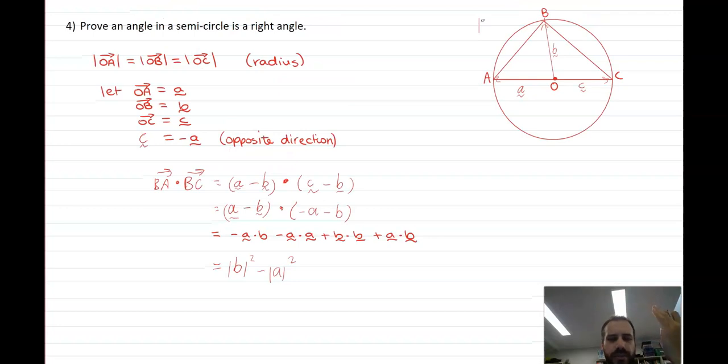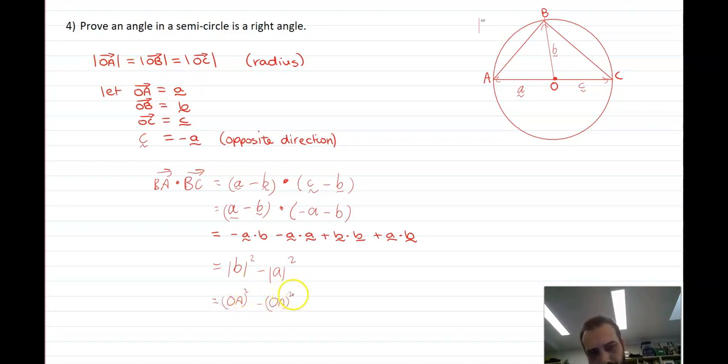So what do we know about the magnitude of B and the magnitude of A? B is this thing here, A is this thing here. Their magnitudes are equal, right? So we can say they've both got magnitudes of OA. So OA squared minus OA squared. What's that going to equal? Well, that's going to equal 0, right? Same magnitude squared.